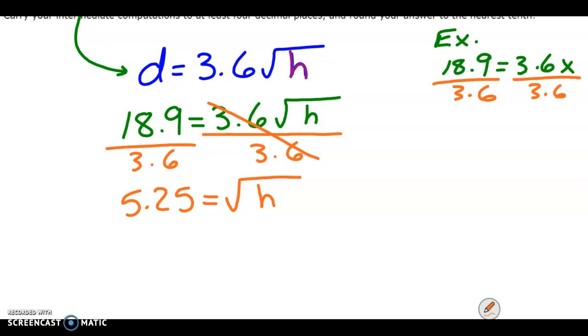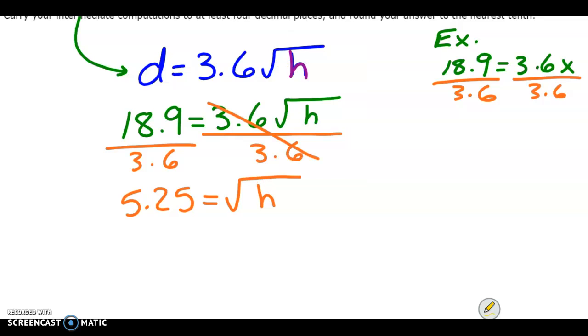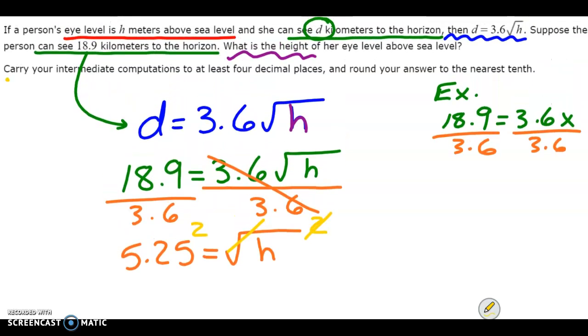Now you've got all the way down to that point, and all that's left to do to get h all by itself is to square both sides. So it cancels the square root that's locking in that h, and they know a decimal answer is coming. They want you to round your answer to the nearest tenth.